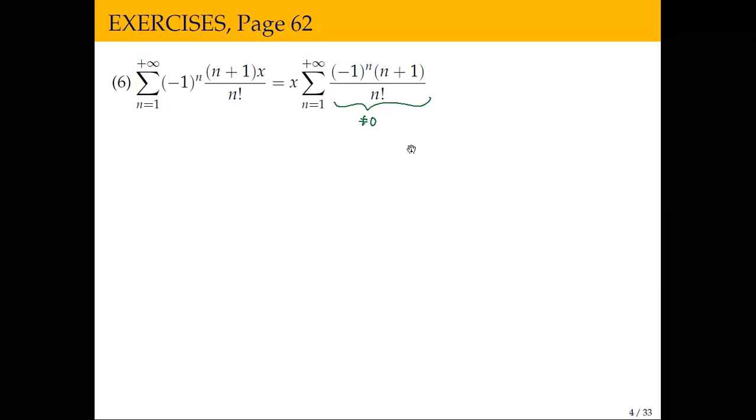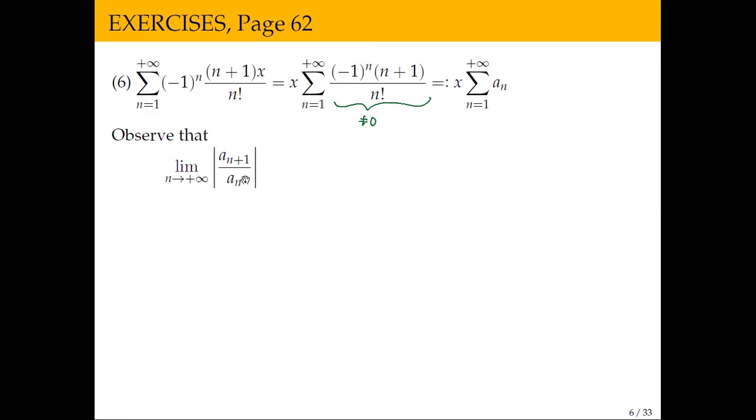No? Let's call each term in this infinite series as a sub n. So let a sub n be equal to this one for all n. We now try to apply the ratio test since each term in this infinite series is non-zero. As we apply the ratio test, we have to look for the limit of the absolute value of a sub n plus 1 over a sub n as n goes to positive infinity.